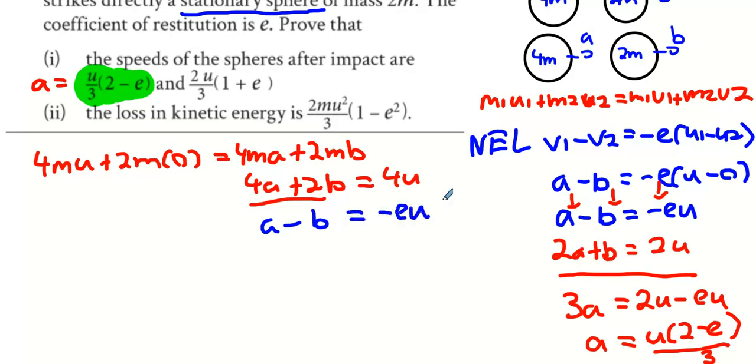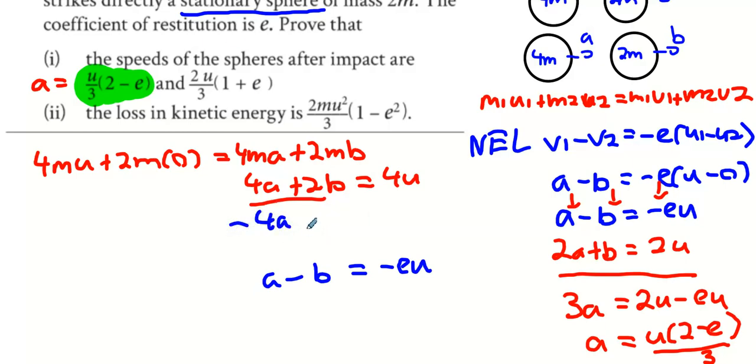Except this time I'm getting rid of the A's. Is that all right? So what should I do with the blue equation to get rid of the A's? Any idea? The blue equation. Multiply by minus 4. What happens if I multiply that by minus 4?